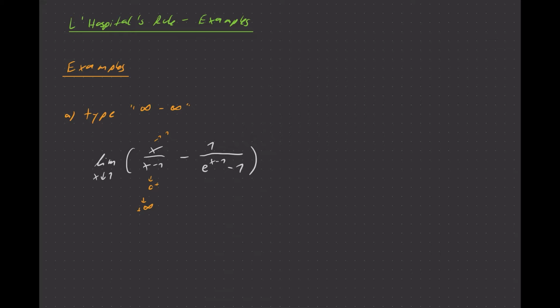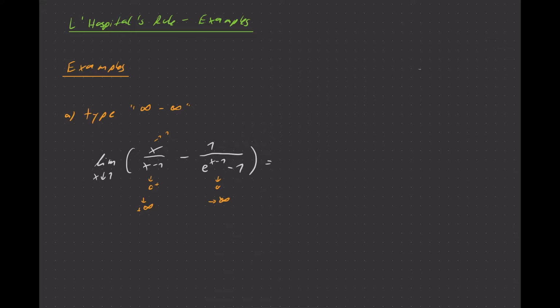In this example here, on the right, as x tends to 1, this exponent here tends to 0, so e to the power of 0, that surely tends to 1, and that means that whole denominator tends to 0, so what we get is again plus infinity here.